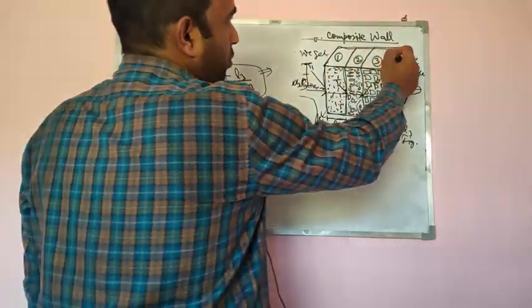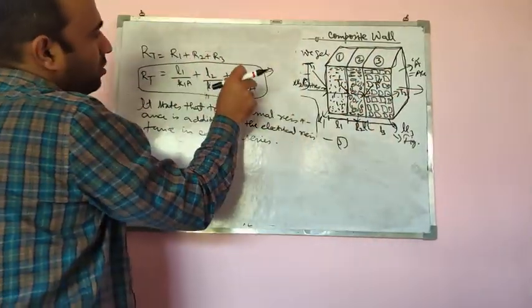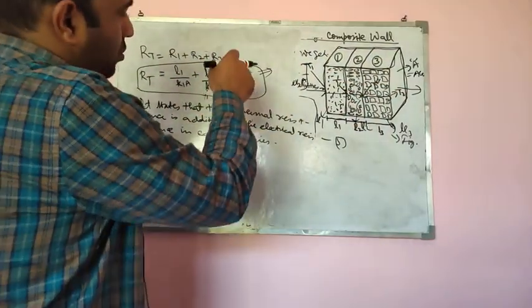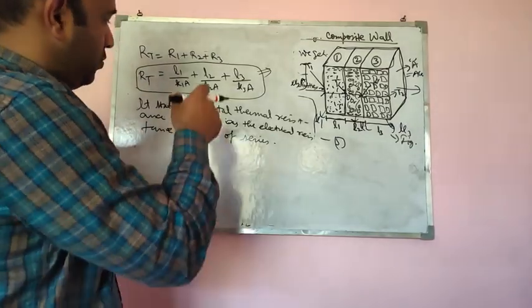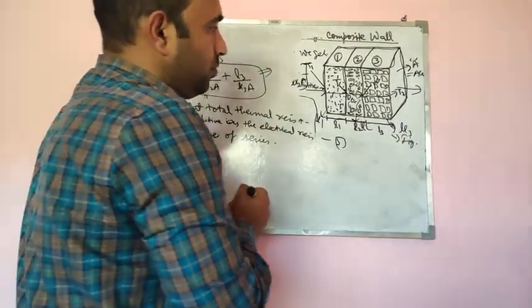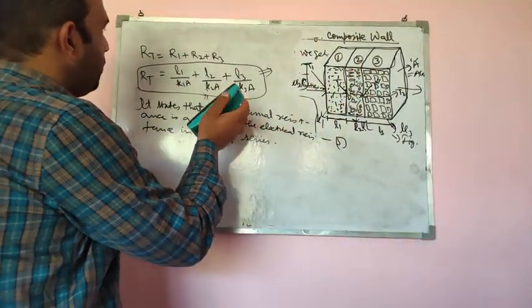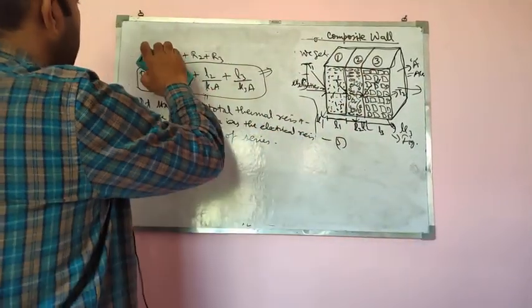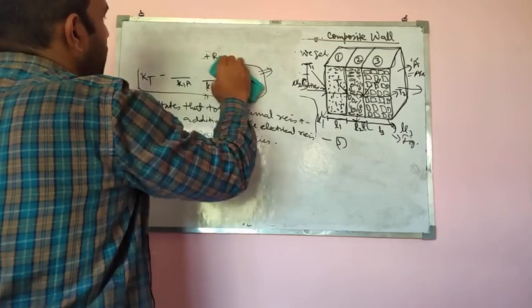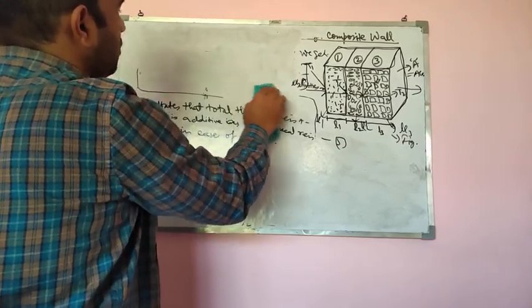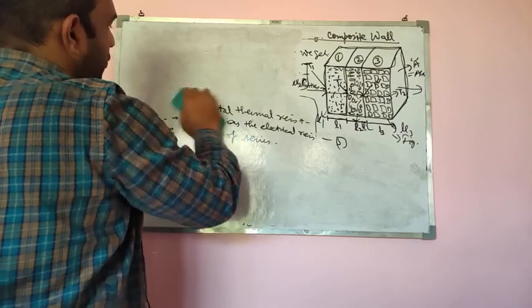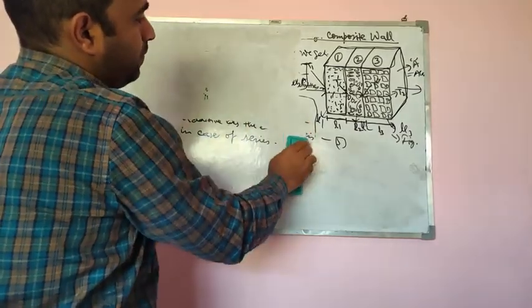So if we have more layers, we can just add the thermal resistances. So this was about this solid composite wall. In the previous video lecture, I gave one problem related to Fourier's law of heat conduction. So we will try to work out that problem here.